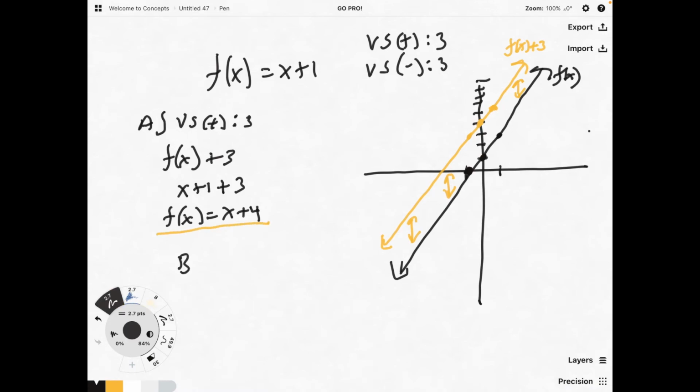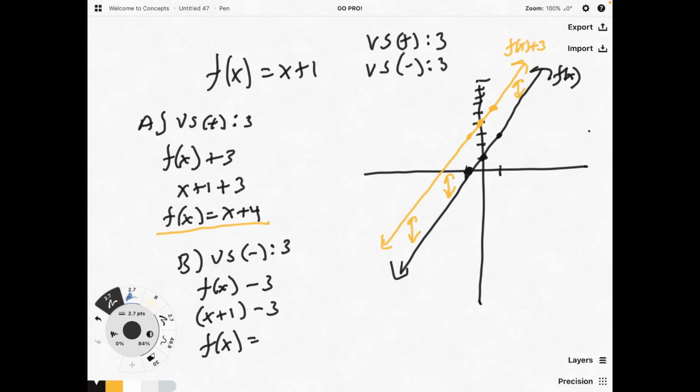For part B, it asks us to do a vertical shift in the negative direction by 3. To do that, all we need to do is take our original function and subtract 3 from it. So we have our original function, x plus 1, and then minus 3. When we simplify, we get our function, f of x equals x minus 2. When we graph this, we will do the same and plug in our points.